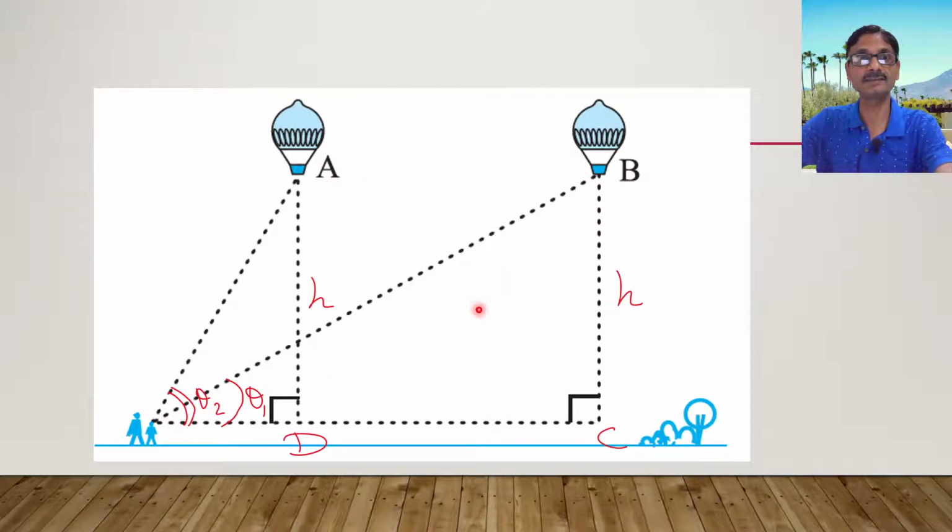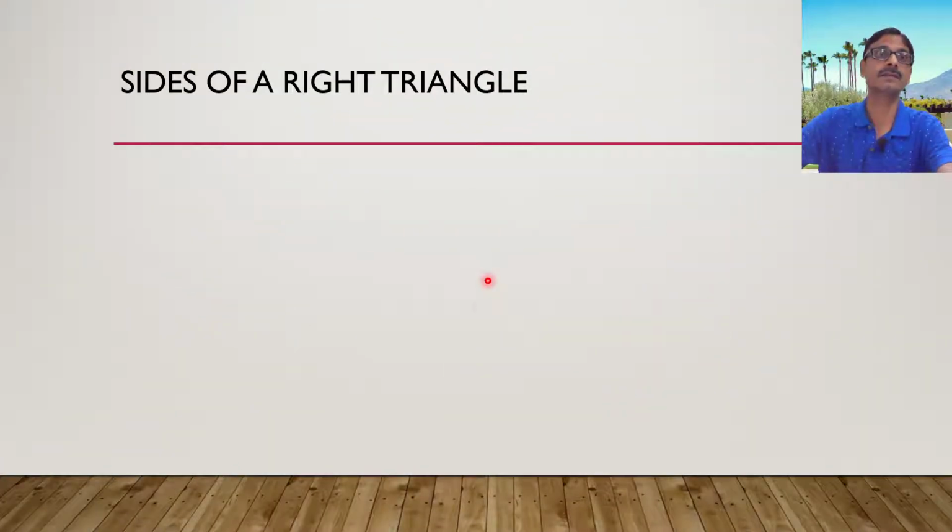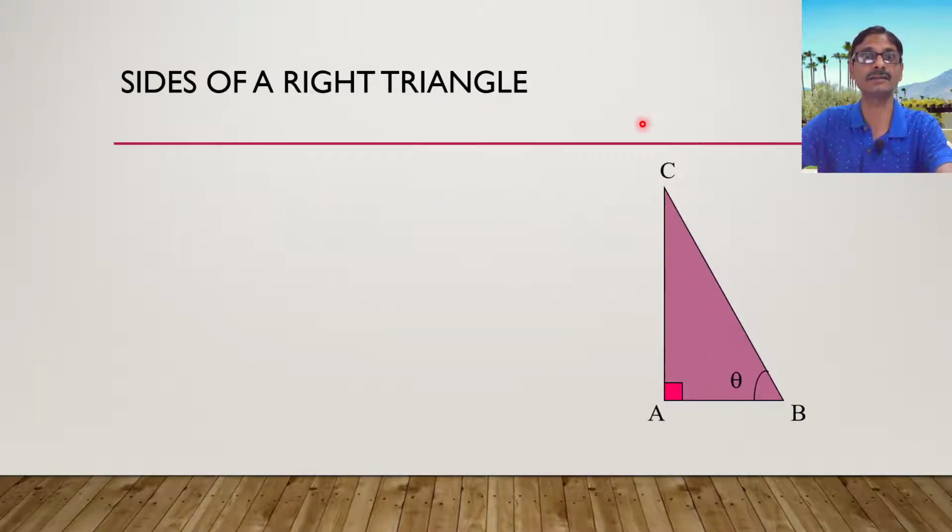So all these applications are very useful, very important and very interesting, and naturally we need to study trigonometry to learn such applications. To begin with, let us go for names of sides of a right triangle.